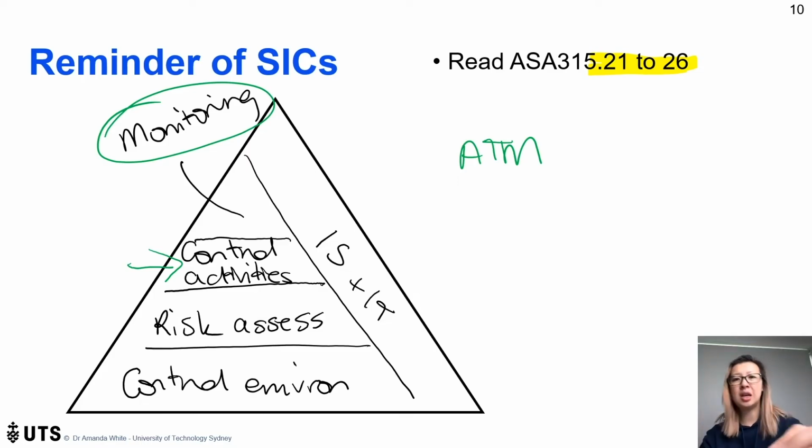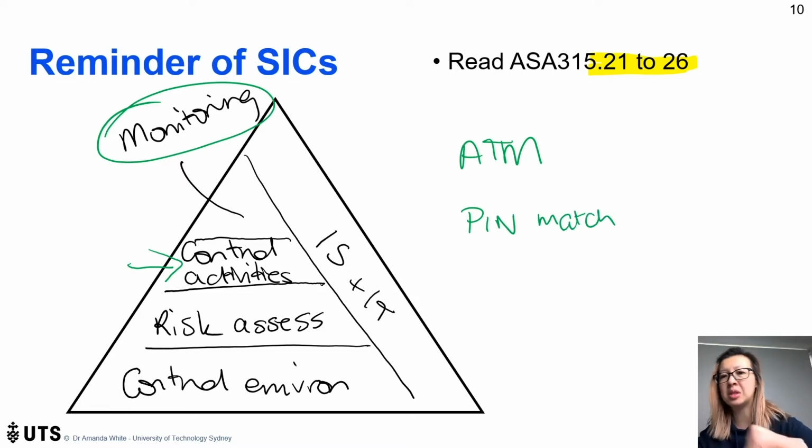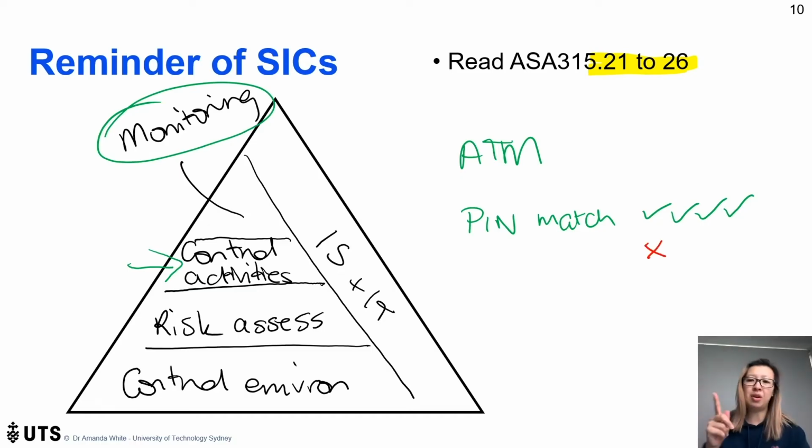Now, essentially, every time that PIN match process happens is an internal control. I don't necessarily want to know every single time that that control does work. But what I do want to know as part of my monitoring process is the very first time the PIN matching doesn't work.